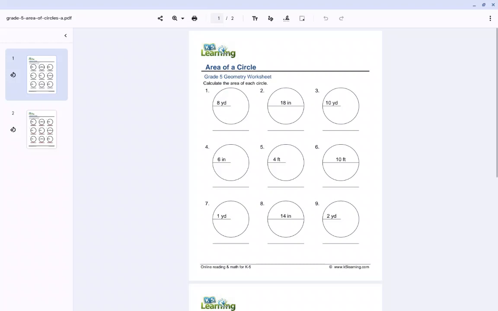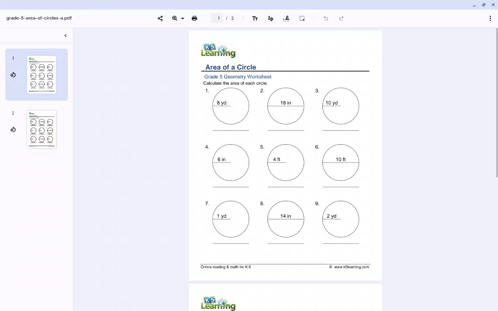Hopefully you got 254.34. And this time it would be inches squared. All right, I'll do one more with you. So number 3, we've got a line from the center to the outside, which means it's already a radius. So the radius is 10. So we're going to calculate it using a radius of 10.